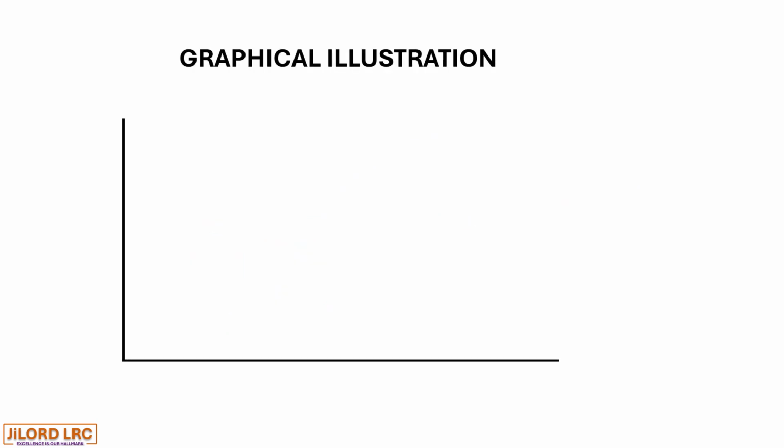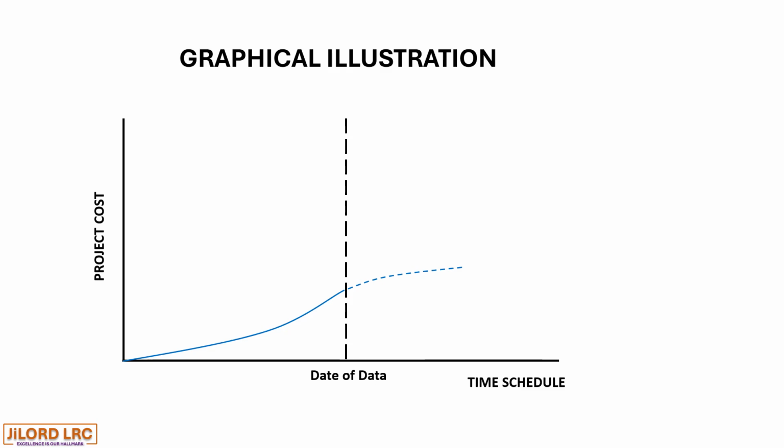Let's look at another graphical illustration. We have our project costs on the vertical axis and the time schedule on the horizontal axis. We have our date of data and our project S-curve with the planned value and the budget at completion indicated. Now we have our actual cost well above the planned value, and we have our earned value also bigger than both the actual cost and the planned value.